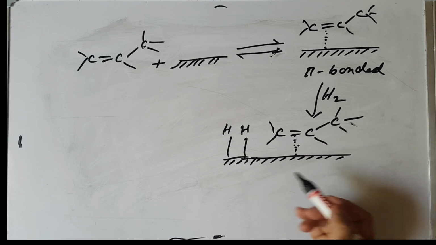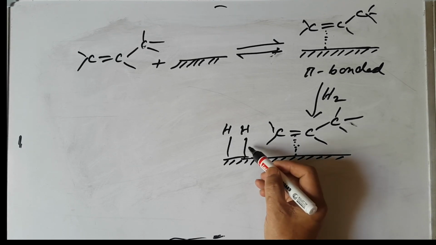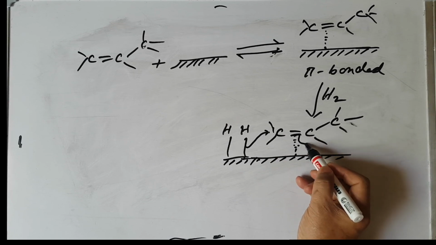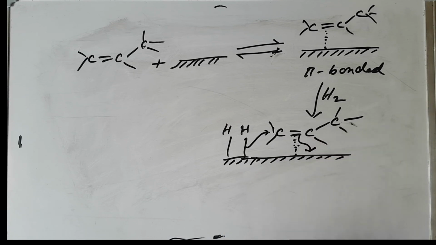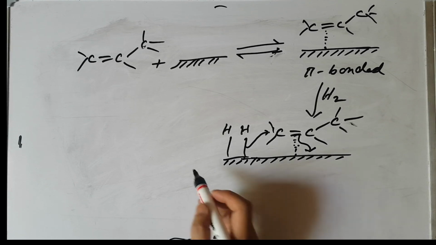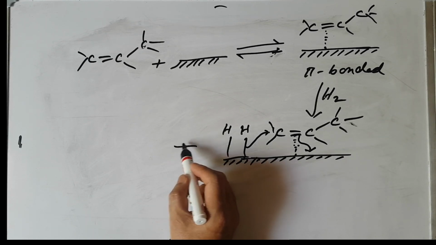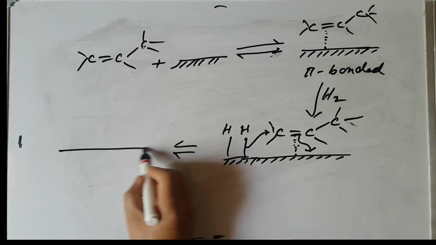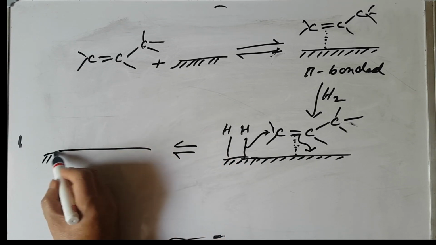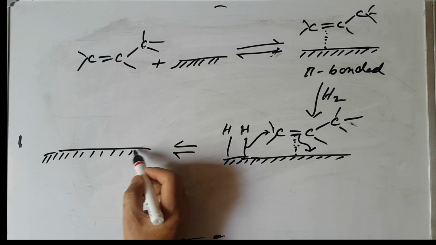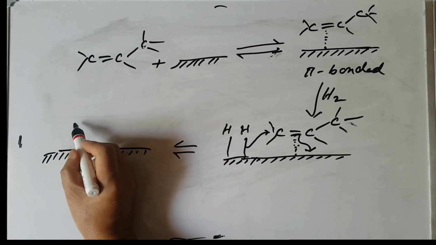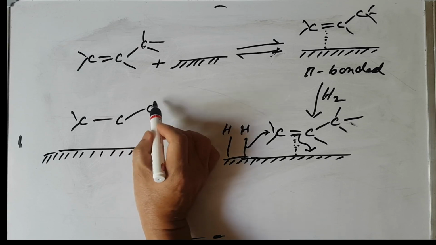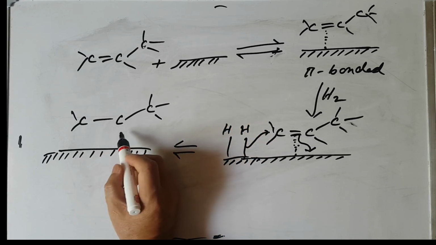And then the second step is transfer of hydrogen atoms, like this. So in this way you can have another hydrogen. One hydrogen is transferred here, and the bulky group will be here.